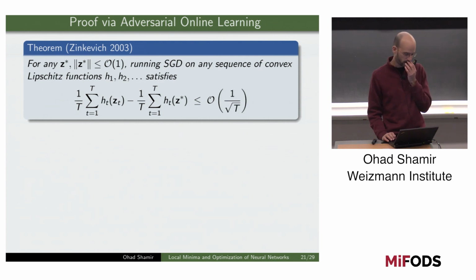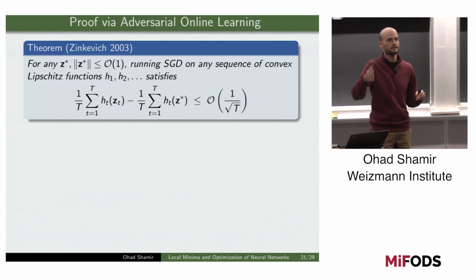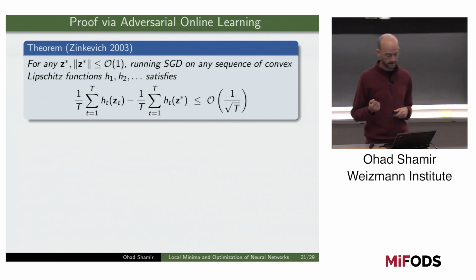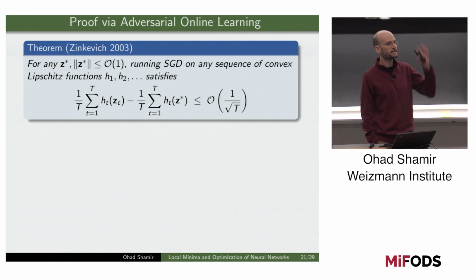One way I like to think about it is that stochastic gradient descent is a much, much stronger algorithm than what the standard analyses in optimization tell us. In optimization, you consider stochastic gradient descent as some algorithm which each time takes a stochastic gradient step. But it turns out that if instead you run this algorithm, you just hit it with a stream of arbitrary convex and Lipschitz functions.